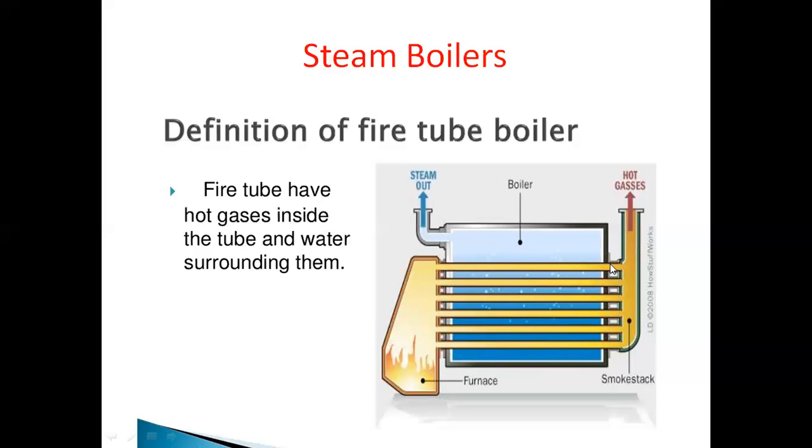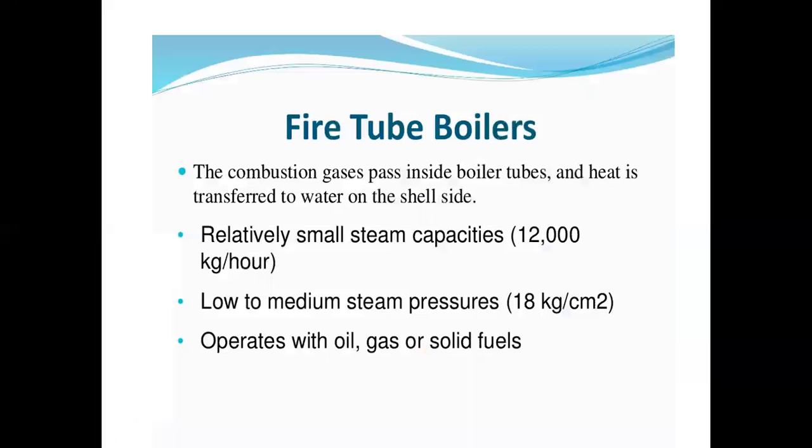The boiler drum contains the water and the tubes. Hot gases flow within the tubes, and the water absorbs the heat from the hot gases and forms steam. So this is the fire tube boiler.